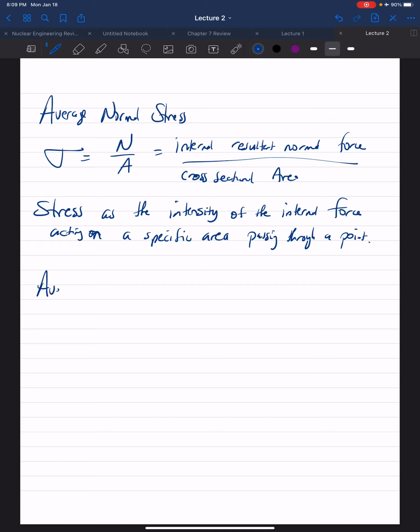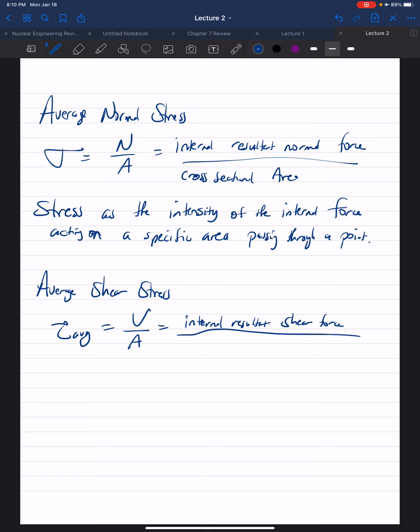We talked about our average shear stress, V over A, where V is the internal resultant shear force, and A is the cross-sectional area or area of the section.